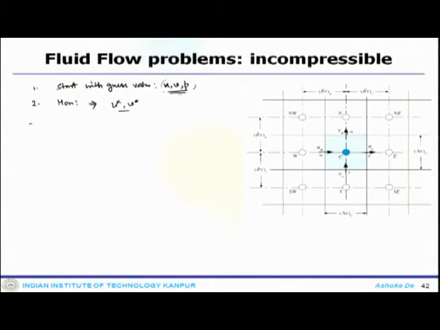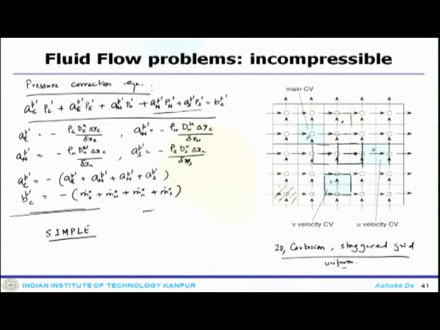Once you get that, you check the continuity for mass conservation, and if it is not satisfied, you end up getting the pressure correction equation. So, you solve the pressure correction equation, and that is exactly what we have obtained here.